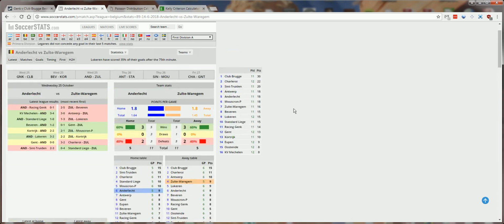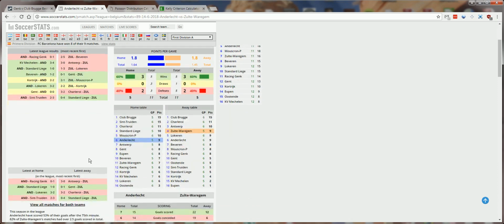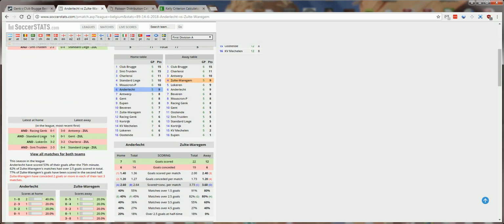So Anderlecht Zulte Waregem. Well, Anderlecht are a fantastic side, aren't they? They've won 3, lost 2. Zulte away from home have won 3, lost 2. So we look at Anderlecht's home form. They've lost to Genk, they've lost to Saint-Truiden.